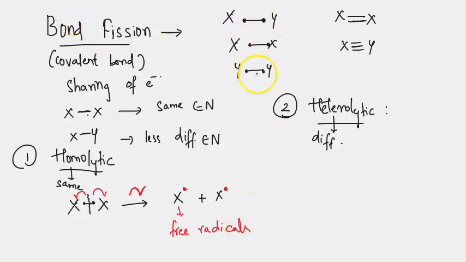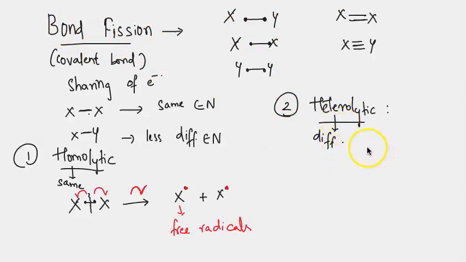If you consider the second case, heterolytic fission, we observe two different atoms are present. These two different atoms will have a difference in electronegativity. Usually the first element will have less electronegativity, meaning it is more electropositive, and the second element will have more electronegativity.